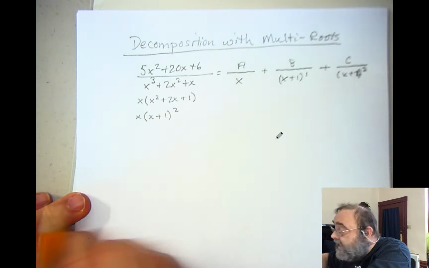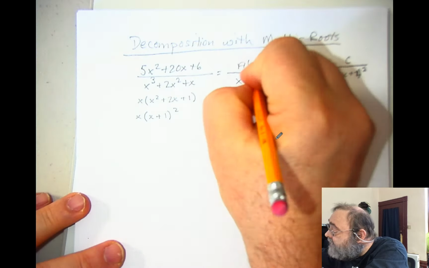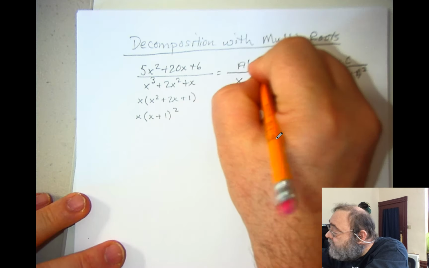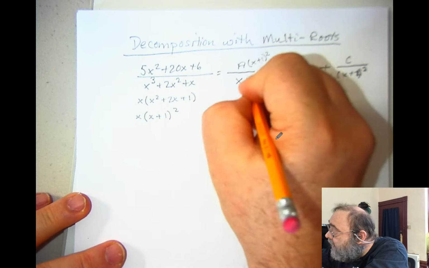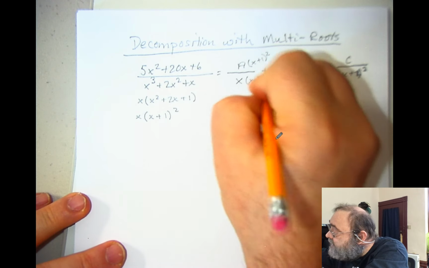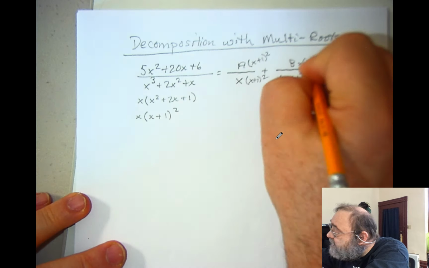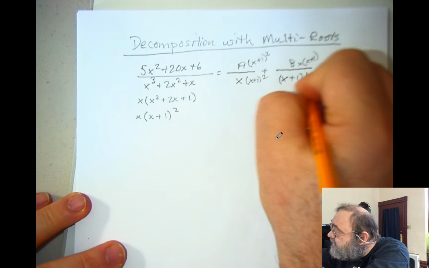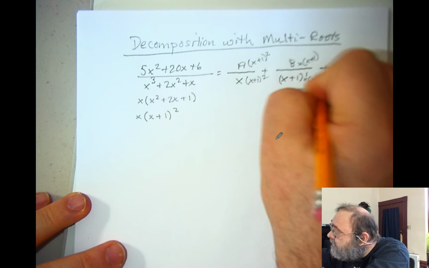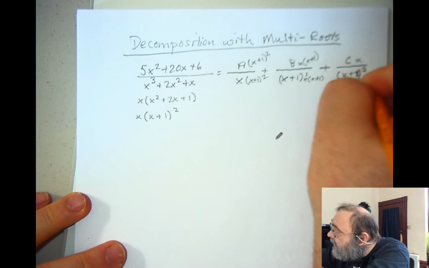Next, we're going to get the common denominator, just as we have done. So I'm going to be multiplying by (x plus 1) quantity squared, this is x times (x plus 1), and then x and x.